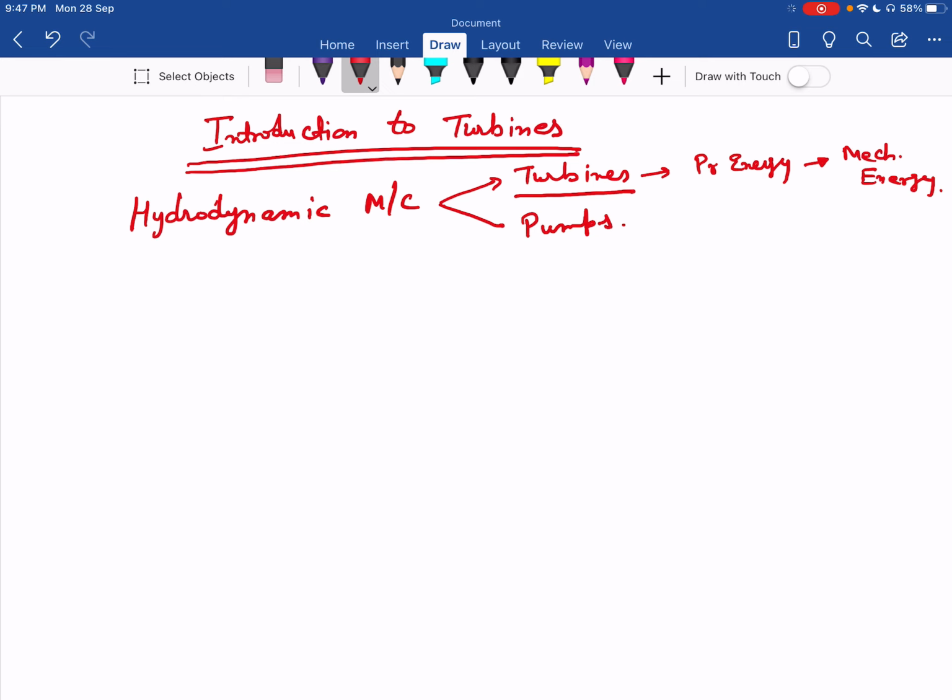Whereas in the case of pumps, the mechanical energy is converted into fluid or pressure energy.